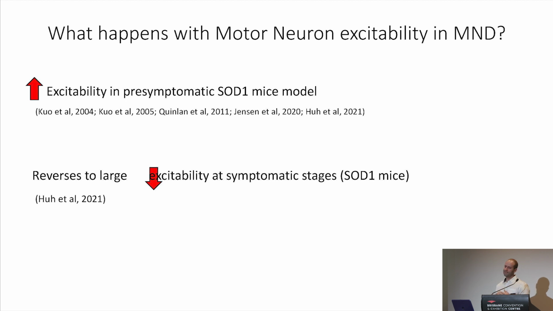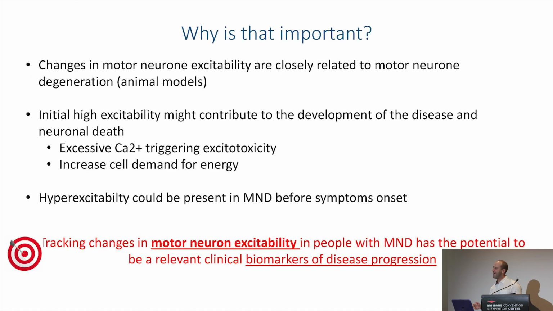And then after that, motor neurons start to reverse, excitability starts to reverse, and it starts to get less excitable or harder to recruit or to use those. So all we had so far was data from animal models.